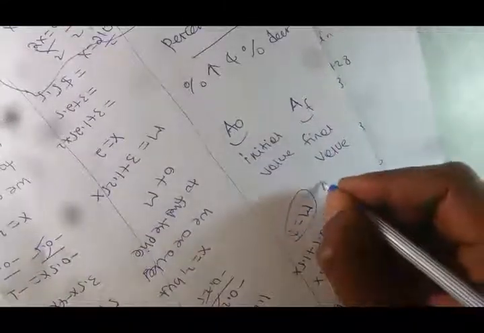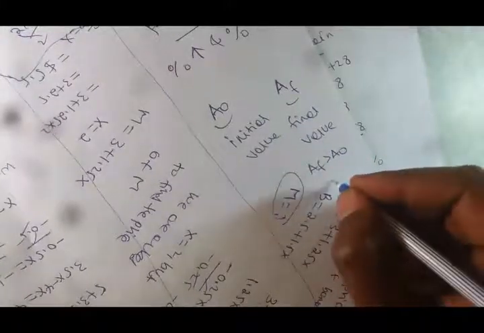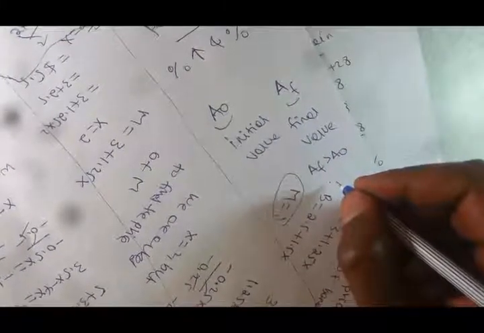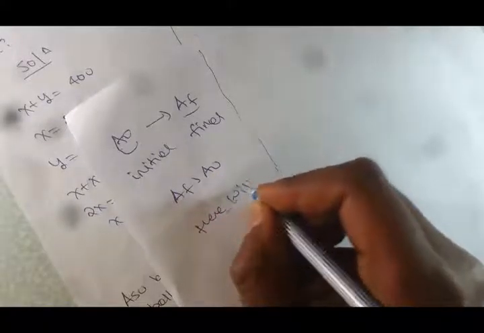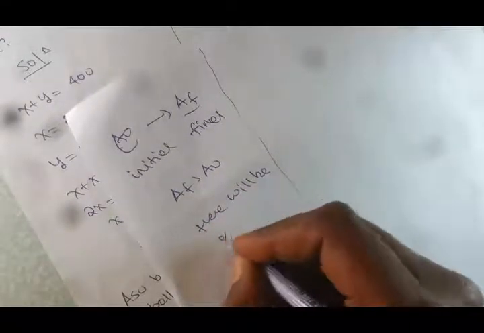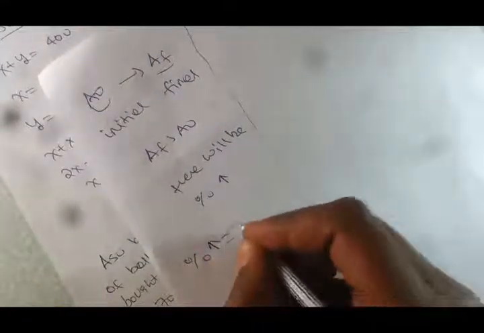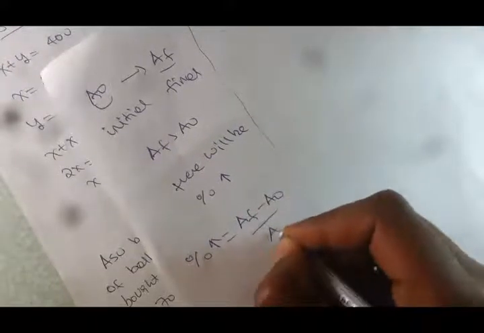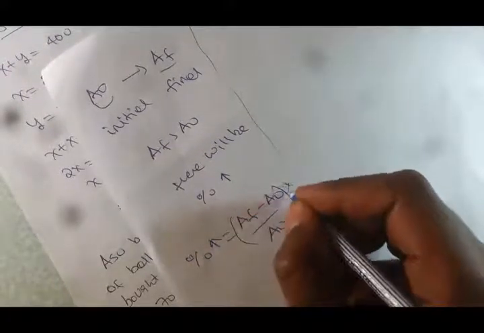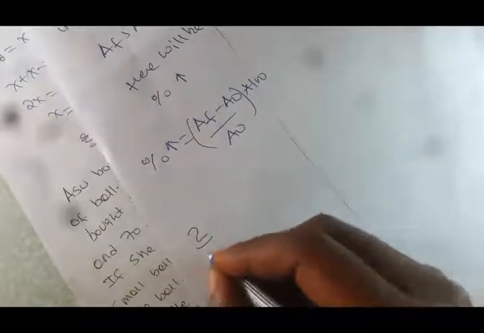And if AF is greater than AO, then there will be a percent increase. The percent increase is equal to AF minus AO divided by AO times 100%.